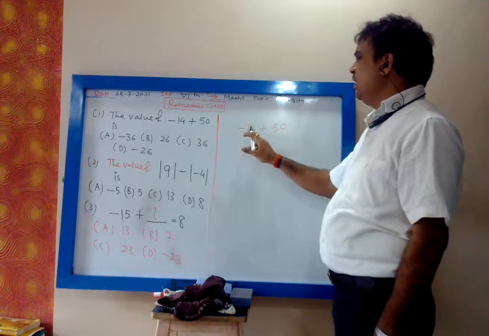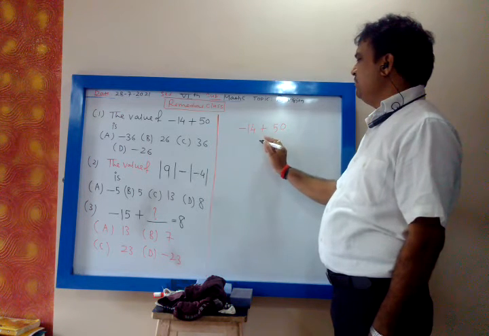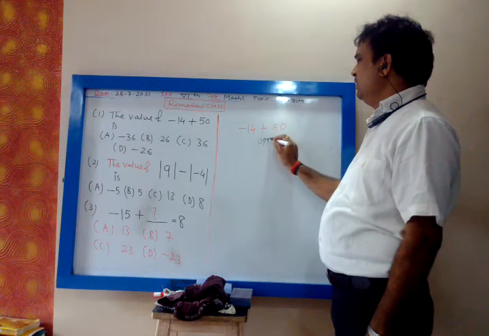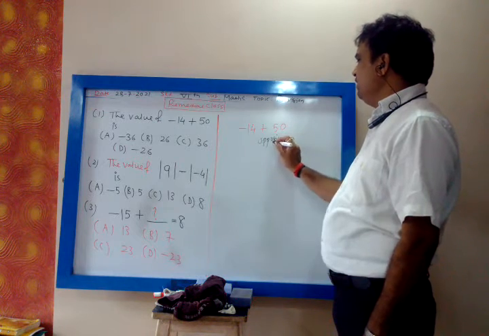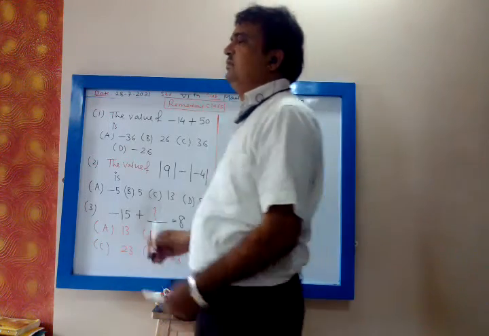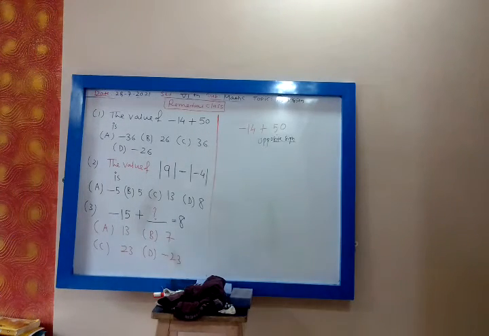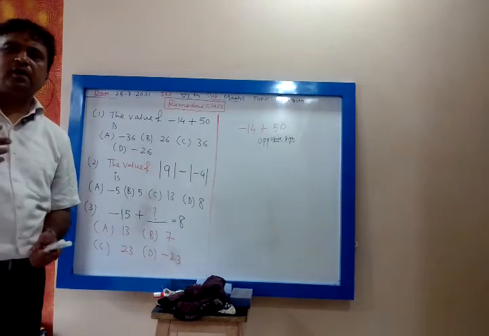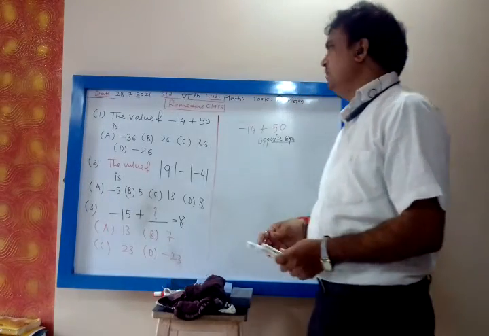Opposite sign. Whenever they have opposite sign, you will subtract the smaller number from the bigger number and take the sign of the bigger number.